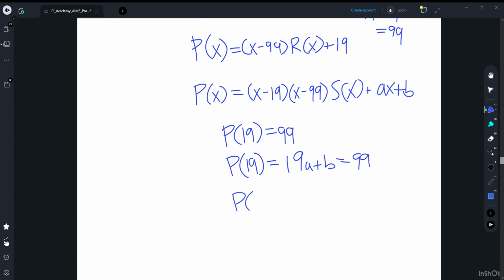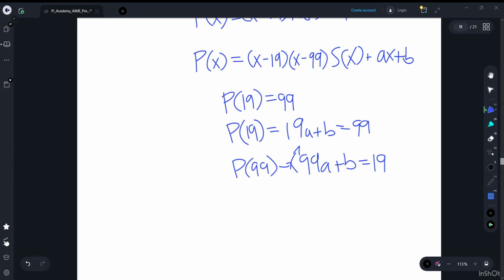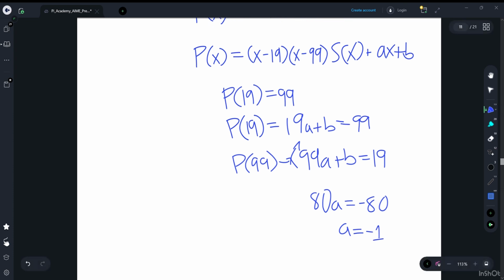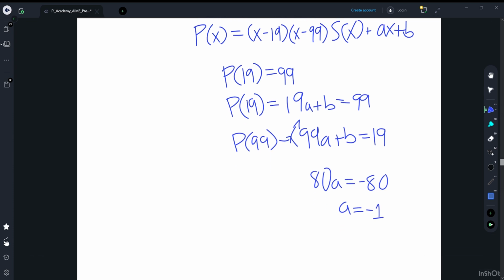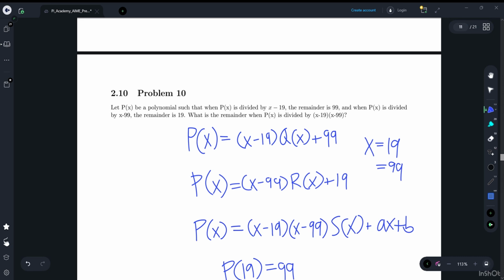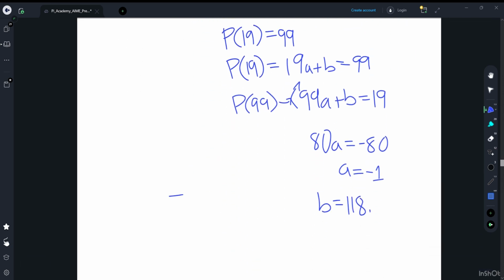And p(99) gives us 99a plus b is 19. So subtracting these two equations, we get that 80a is equal to negative 80, or a is equal to negative 1. And if a is equal to negative 1, b is equal to 99 plus 19, which is 118. So the remainder is negative x plus 118.